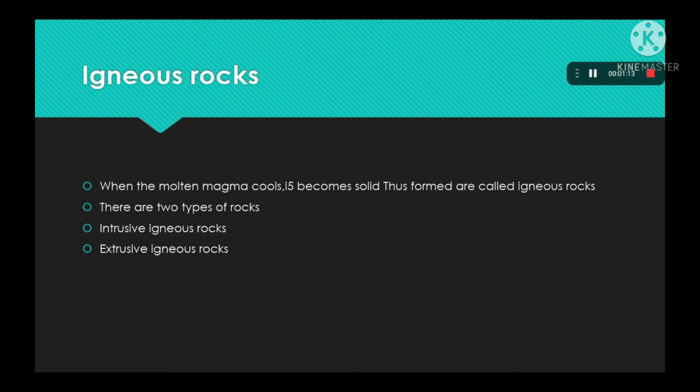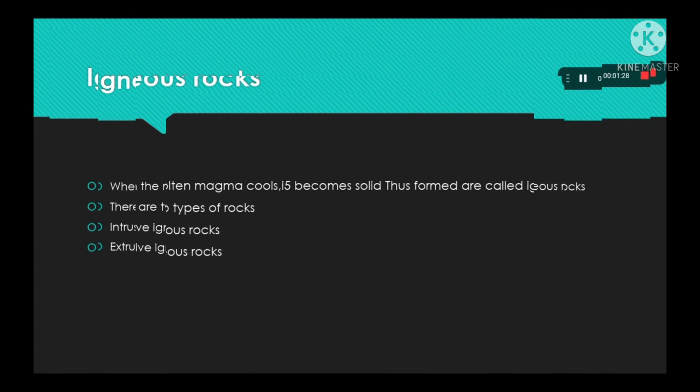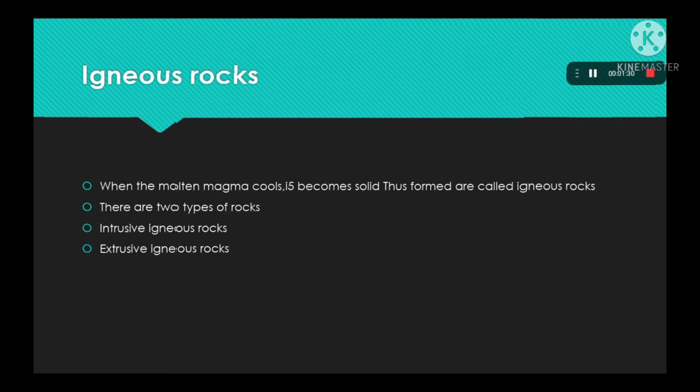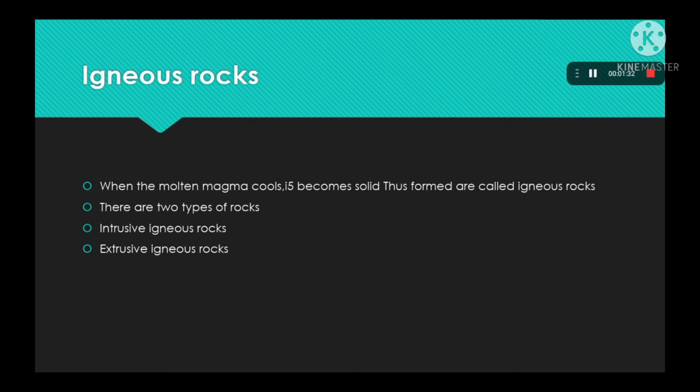So they form crystals. Like that, when the molten magma cools, it becomes solid, and they form igneous rock. And there are also types of igneous rocks, named intrusive igneous rocks and extrusive igneous rocks. So let's learn them in detail.